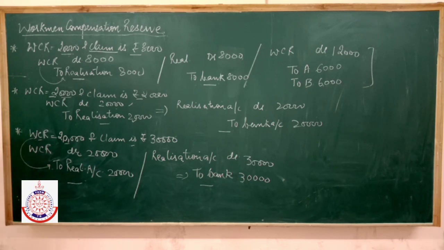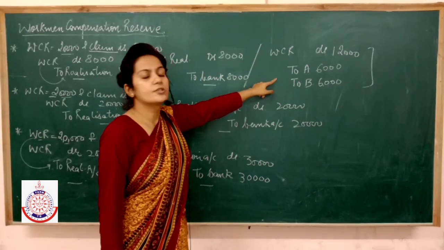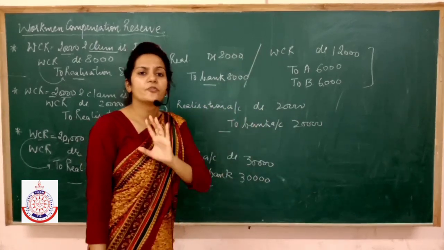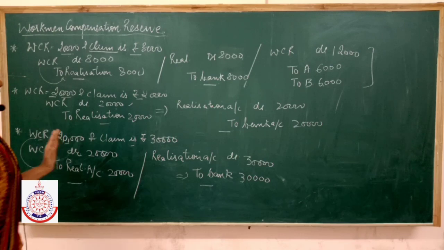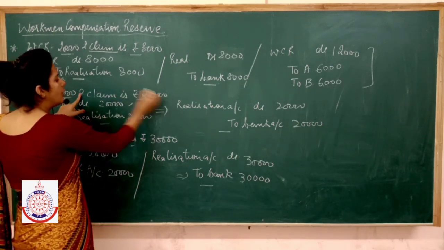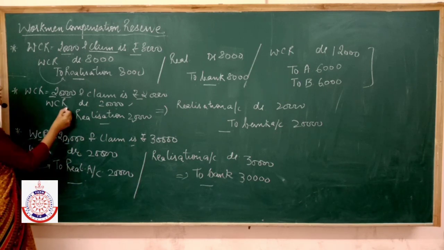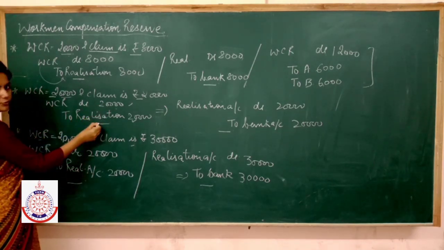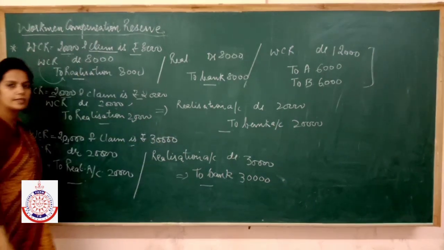So have a look at these three cases, try to differentiate them. If no claim is given, then only this entry will be passed, Workmen Compensation Reserve to A to B, and the full amount of reserve will be given to the partners. If there is a claim which is equal to the amount of reserve, then you have to pass two entries. First of all, transfer the amount of reserve to realization and then make the entry for the payment of the claim.